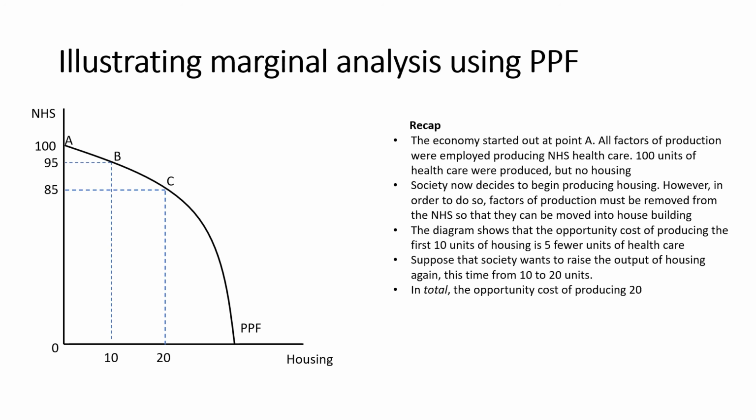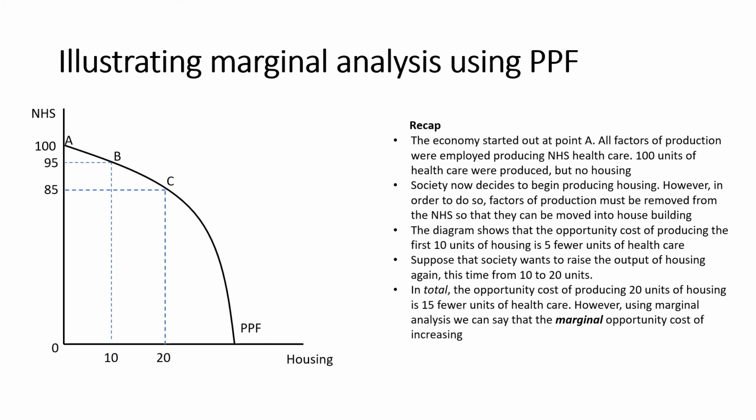In total, the opportunity cost of producing 20 units of housing is 15 fewer units of healthcare. However, using marginal analysis, we can say that the marginal opportunity cost of increasing the output of housing from 10 to 20 units is a fall in the output of healthcare by 10, from 95 to 85 units.